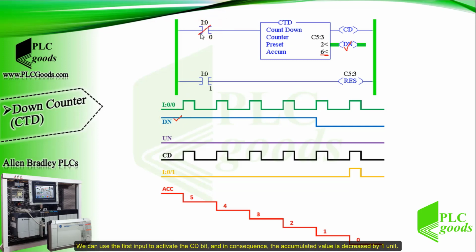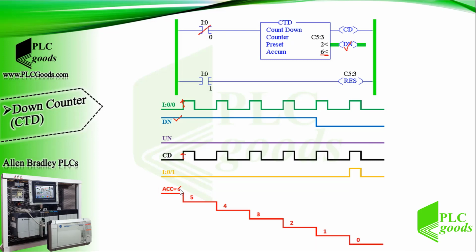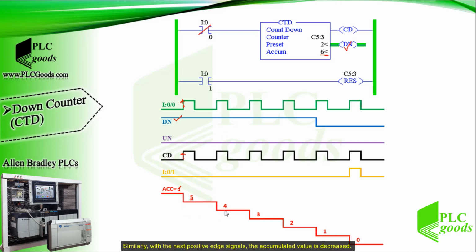We can use the first input to activate the CD bit, and in consequence, the accumulated value is decreased by 1 unit. Similarly, with the next positive edge signals, the accumulated value is decreased. Note that when the counter value is lower than the preset value, the done bit will be turned off.